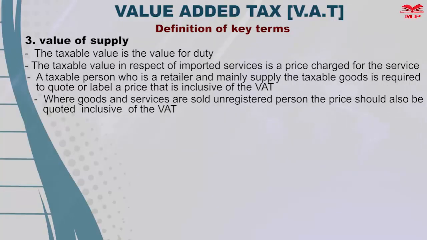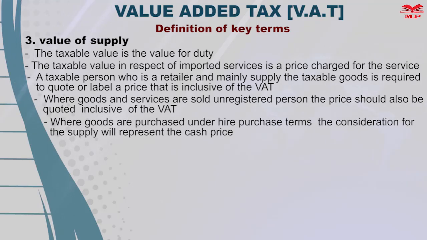Then you're told where goods are purchased under hire purchase terms, the consideration for the supply will represent the cash price, which is the value for VAT, and the interest or finance charge will be disregarded in determining the value for VAT.